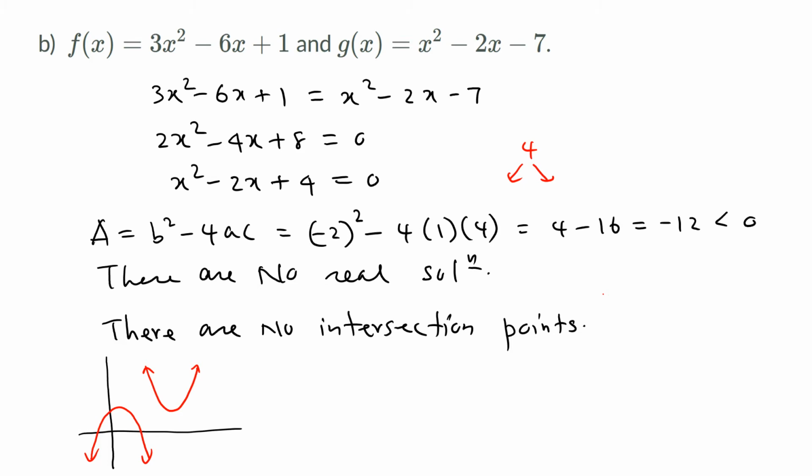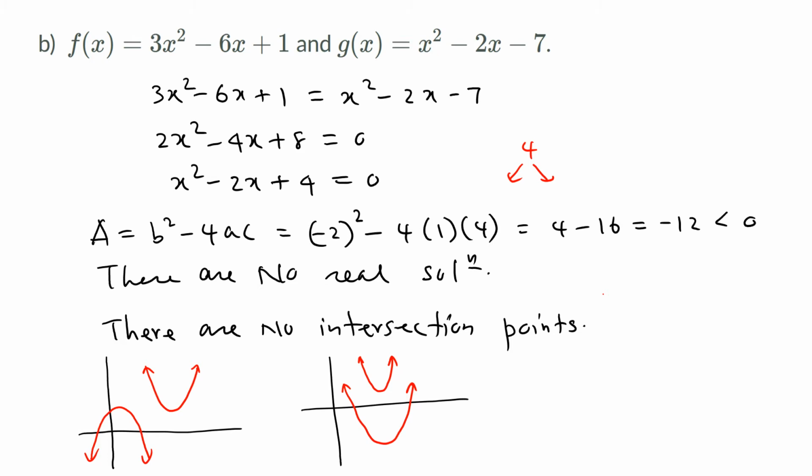So how can that happen if both are going up? You can see a situation like this. Let's say this is one graph going like that, and maybe the other graph is going like this. You can see that those two graphs do not cross each other. So that's the kind of situation we have right now. They never cross each other.